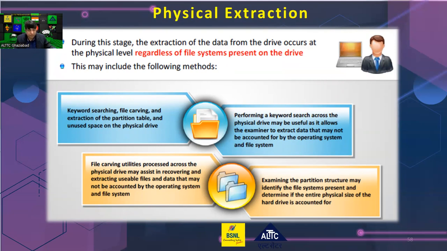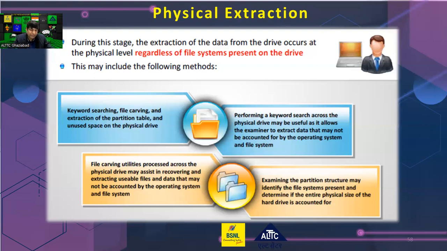The following are some methods: keyword searching, file carving, and extraction of the partition table and unused space on the physical drive. Performing a keyword search across the physical drive may be useful, as it allows the examiner to extract data that may not be accounted for by the operating system and file system.